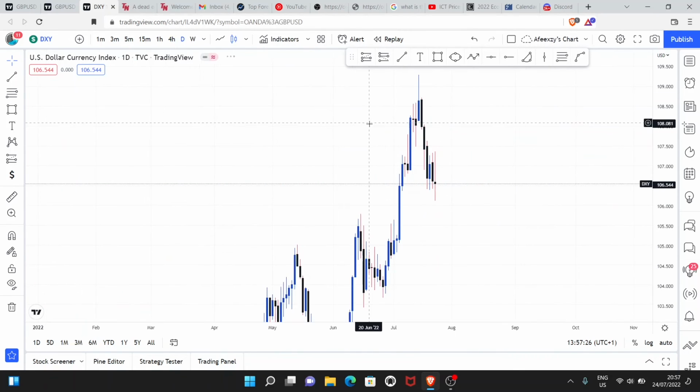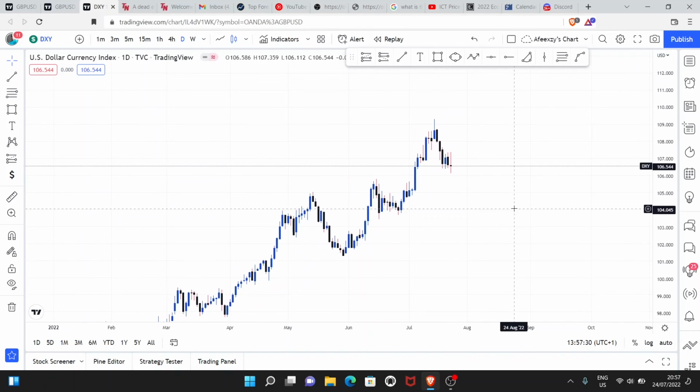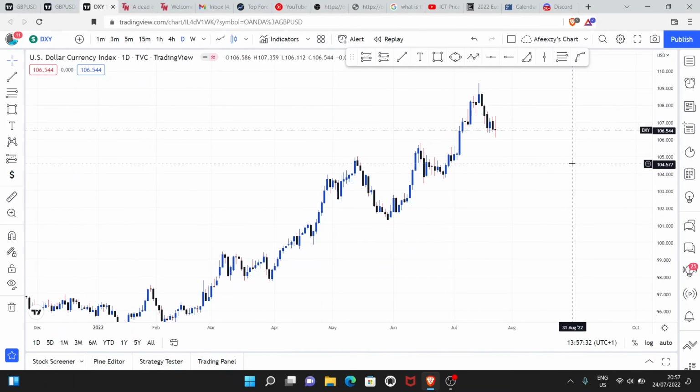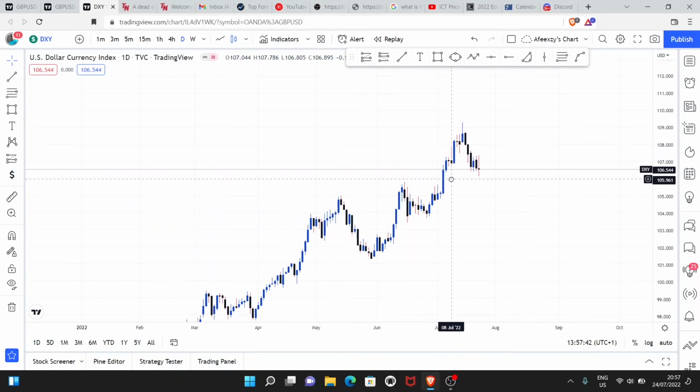On our DXY, I really can't see anything much on the daily. So let's go to our 4-hour time frame. In our daily, I see it coming back here to fill this fair value gap on daily.